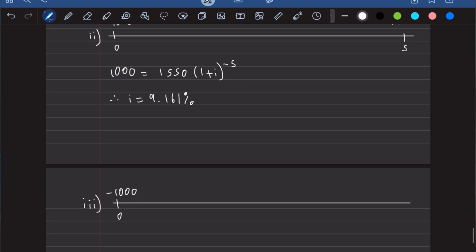So let's draw in our times. So we'll have time 5, time 6, time 7, and time 8. And at each of these, we're getting 425. Cool. Okay.